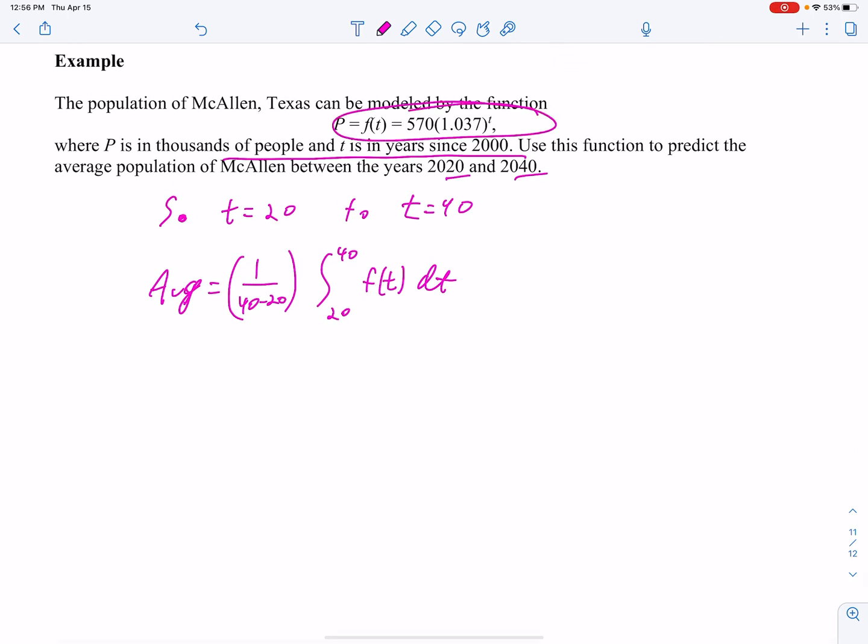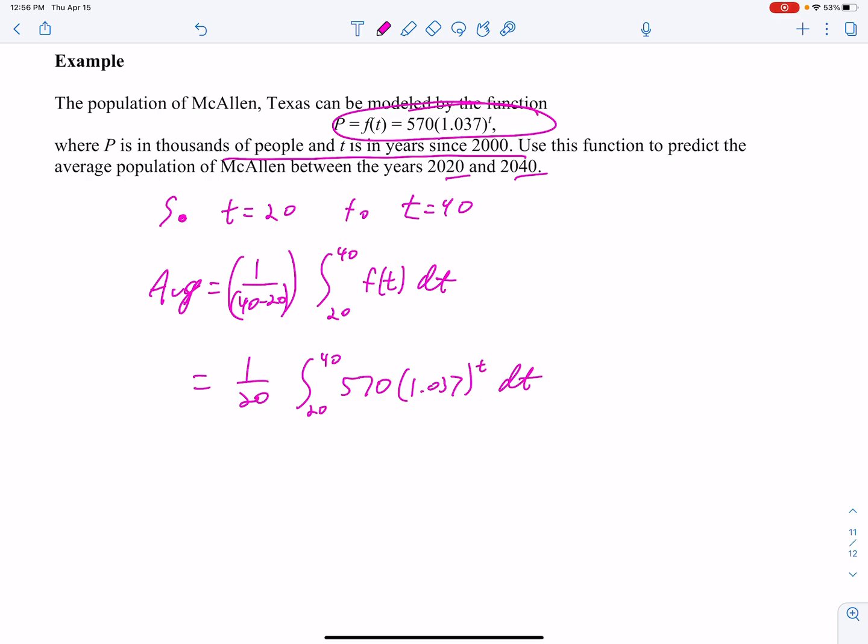Make sure you use parentheses. So that's 1 over 20 times the integral from 20 to 40 of 570 times 1.037 to the t power dt.